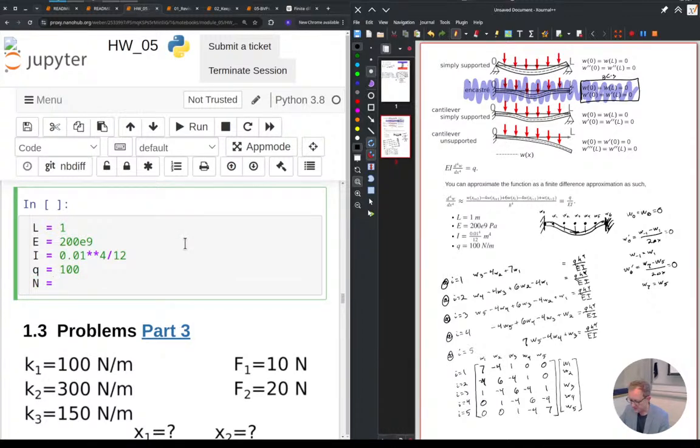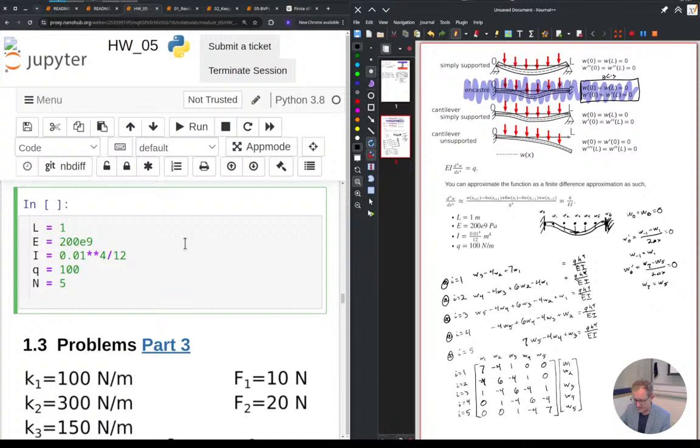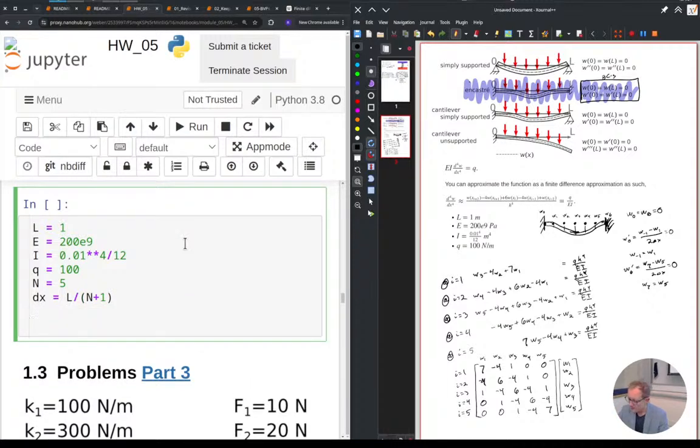N is 5. dx is L over N plus 1. 1, 2, 3, 4, 5, 6. Yep. So if we're solving for 5 nodes, then we end up with 6 segments that we're taking finite differences over. And I think that's all the values we need.